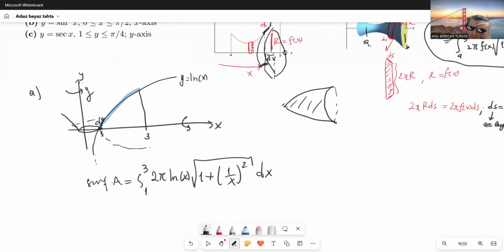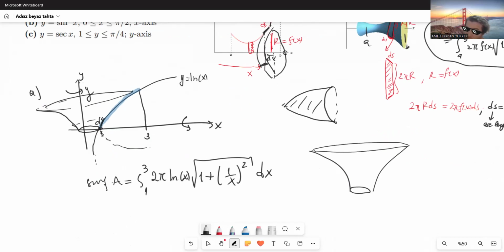So my shape will be like this. This will be my shape rotating around the y-axis. It was rotating around the x-axis.